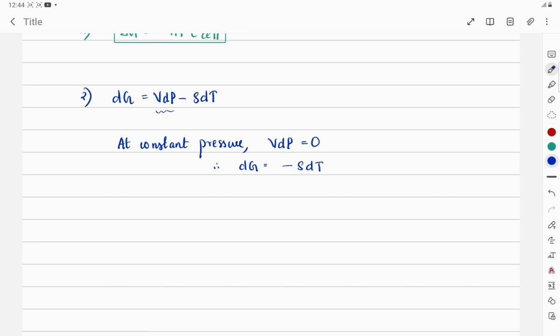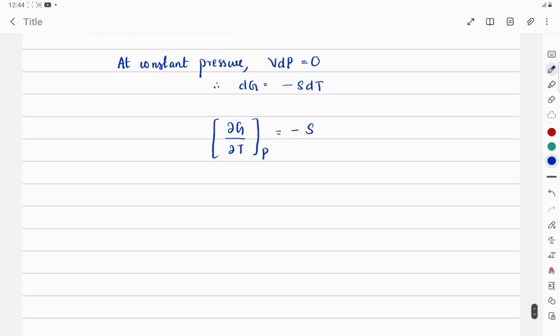So if I'm considering large change, I will get dou G by dou T. What is the constant here? Pressure. Dou G by dou T at constant pressure is equal to minus S. Right. Just taking d to this side and converting into partial derivative because pressure was also involved earlier. This is how we have written this equation.